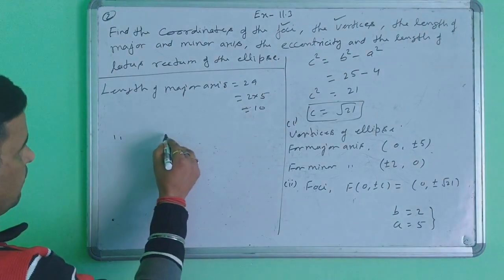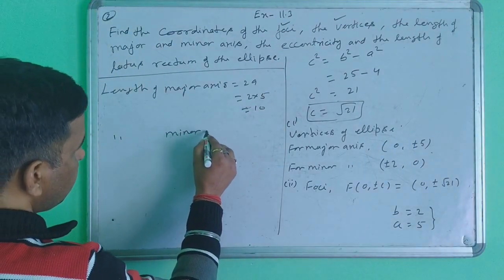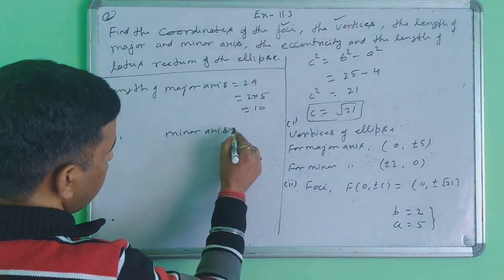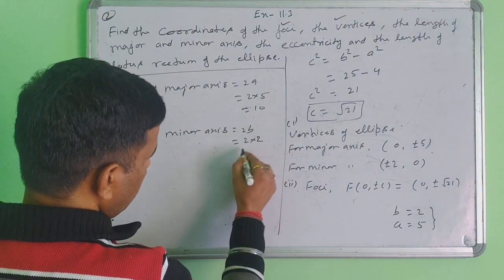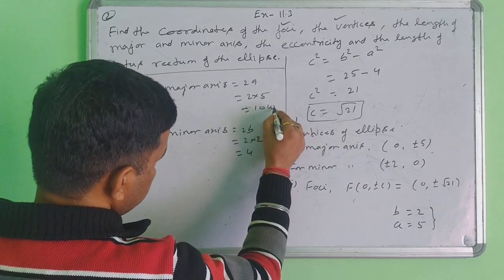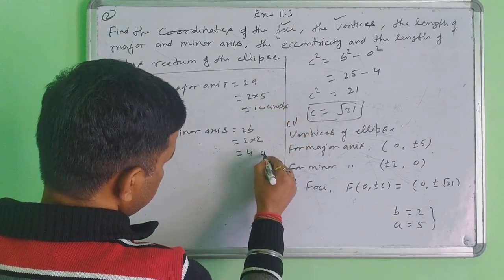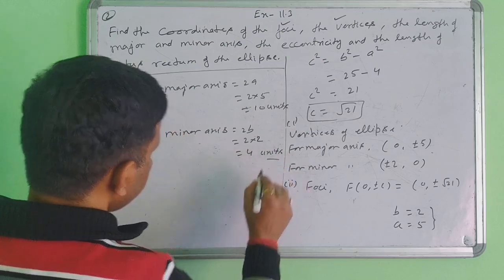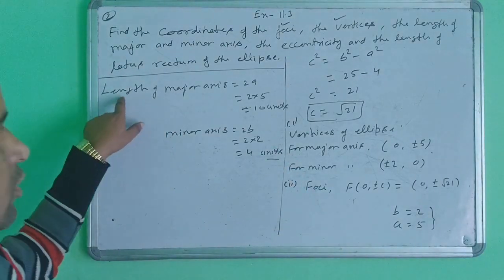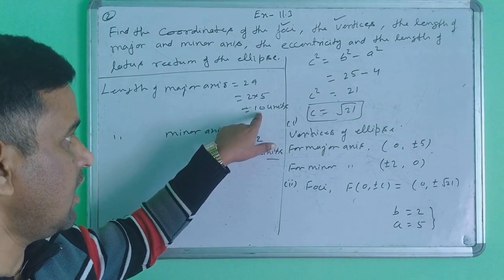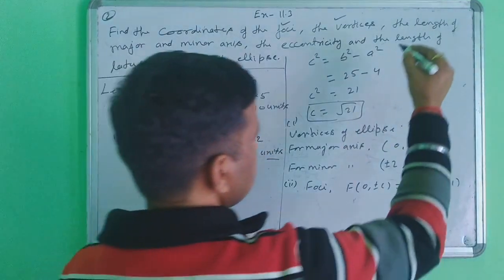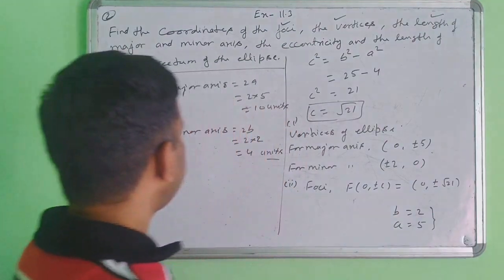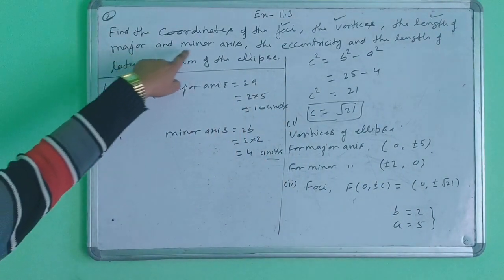The length of the minor axis is 2b, so 2 into 2 equal to 4. Because we use the word length, the length is always in units: 10 units and 4 units. So your third answer has also been completed.